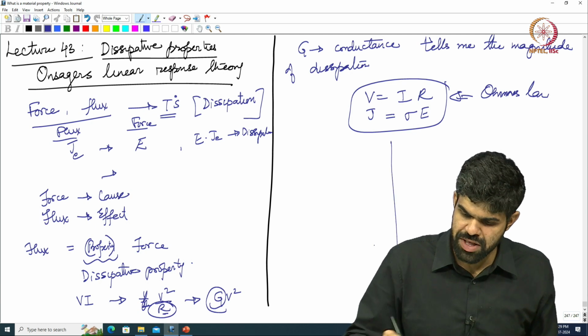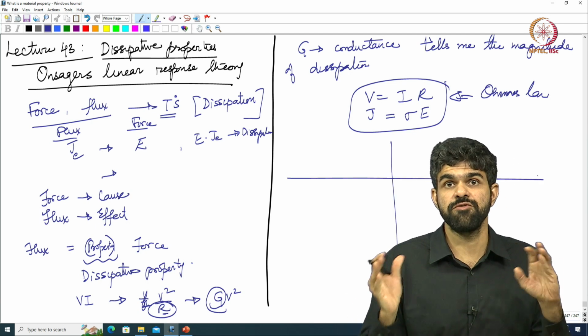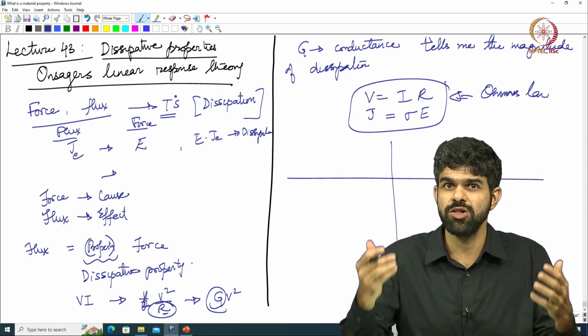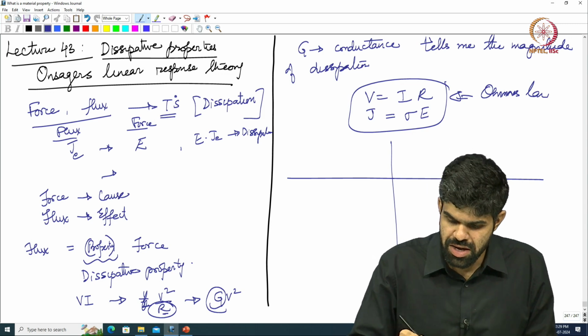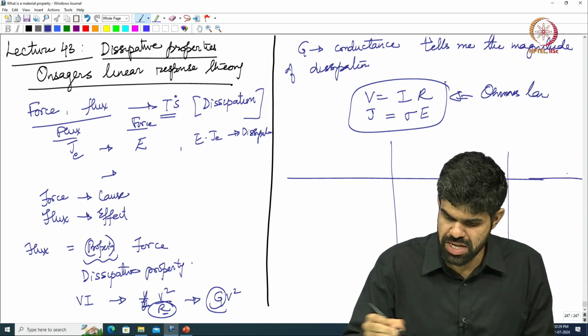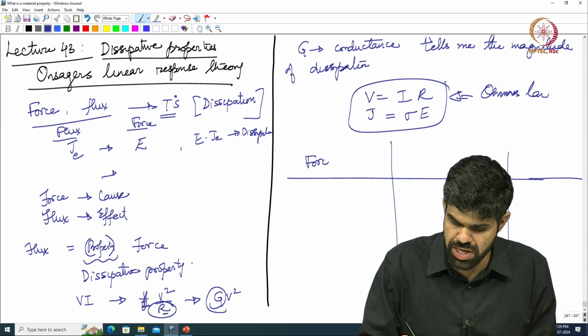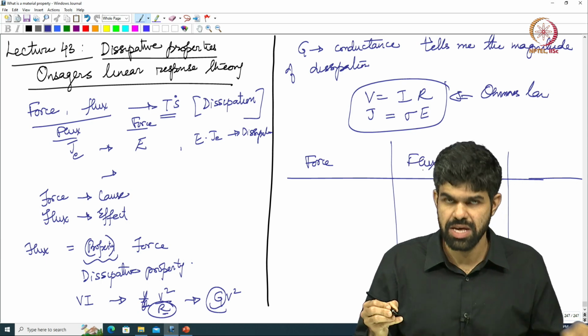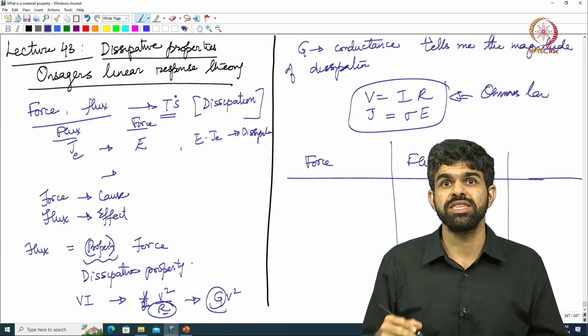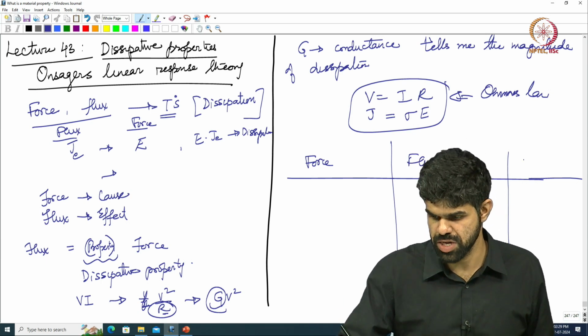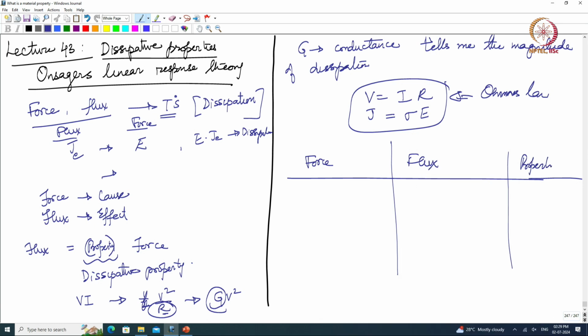So there are certain laws that connect the forces and fluxes, and these are certain standard laws that we know. I have force, I have flux, right, and what is it that connects the force and flux, right. So what is the property?